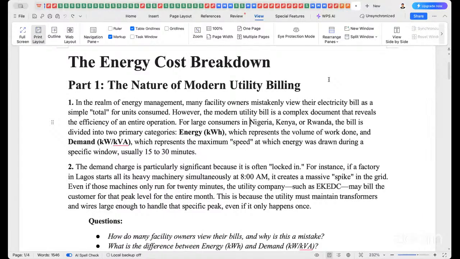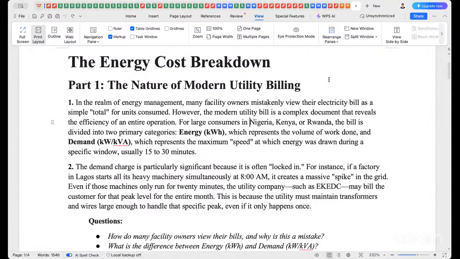Paragraph 2. The demand charge is particularly significant because it is often locked in. For instance, if a factory in Lagos starts all its heavy machinery simultaneously at 8 a.m., it creates a massive spike in the grid.